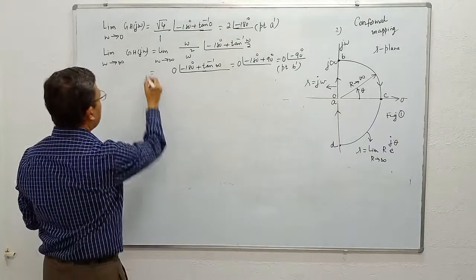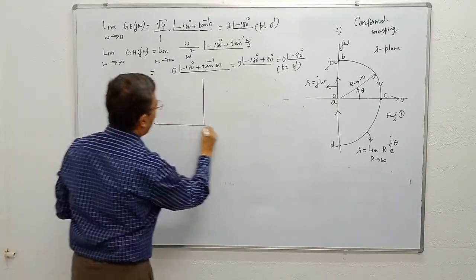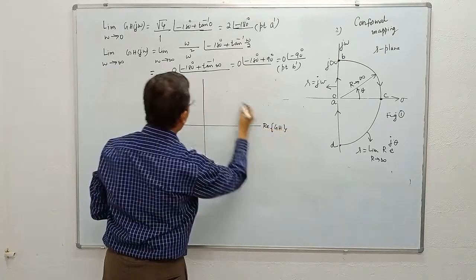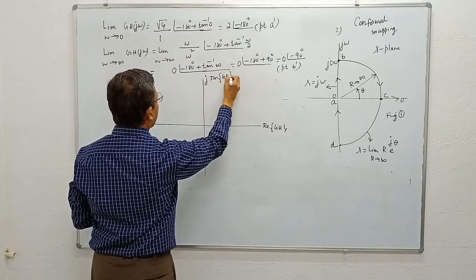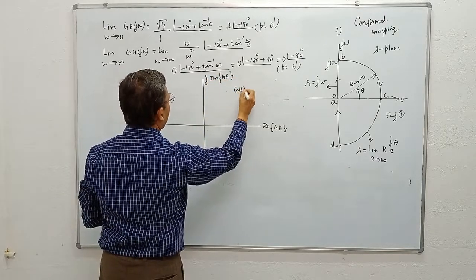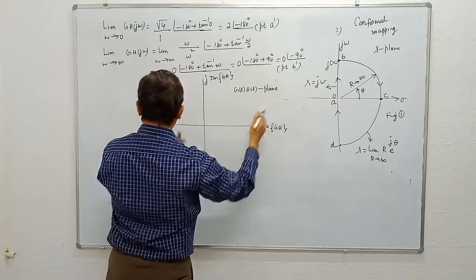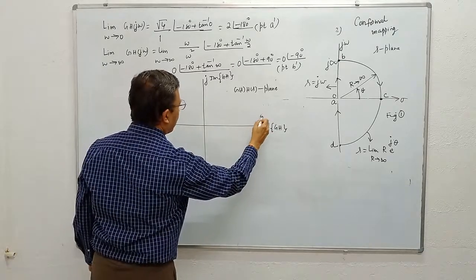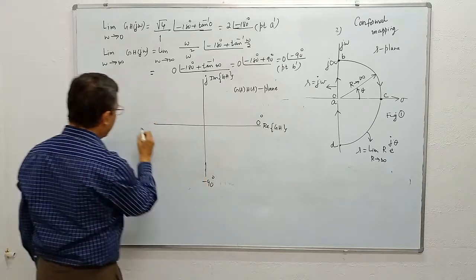G of S, H of S plane is a complex plane having real axis real of GH, imaginary axis j times imaginary of GH. This axis represents 0 degrees. This axis represents minus 90 degrees.